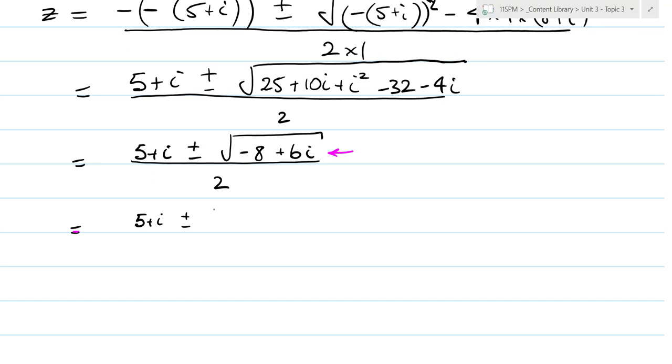So in the settings, complex mode, at the moment I've got mine in real, I'm going to put it into a plus bi. Then I calculate shift square root of negative 8 plus 6i, where the i is above the 0, a special i, and it tells me that the answer is (1 plus 3i) over 2.